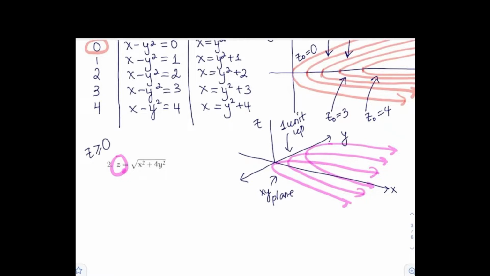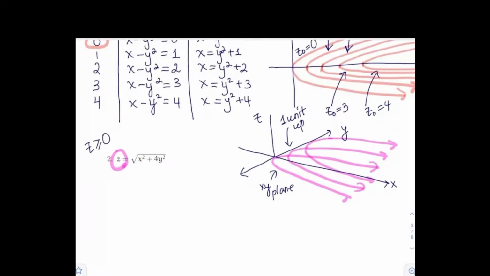The expression inside is always positive, unless x and y are both 0, so then we get 0, right? But for this particular function, we notice that z is greater than or equal to 0, which means for the values that we're going to pick, we're only going to pick values that are greater than or equal to 0.